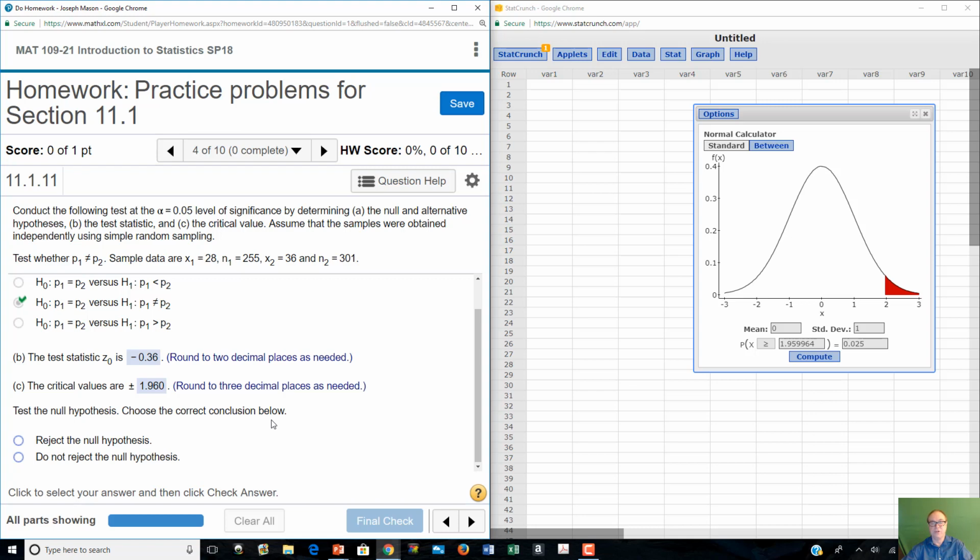Choose the correct conclusion below. Well, if you look at this, we could look over here. This would be a 2-tailed test. Now, let me check something here. If I would have done between, and I would have left this be 0.5.